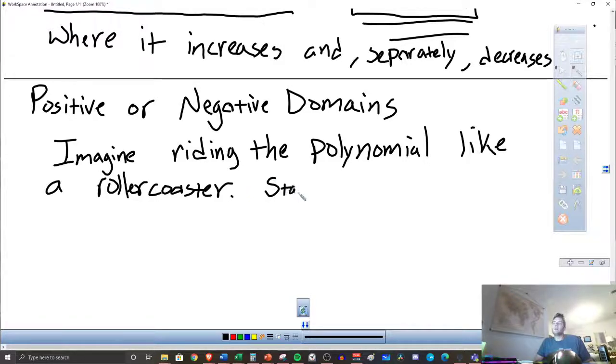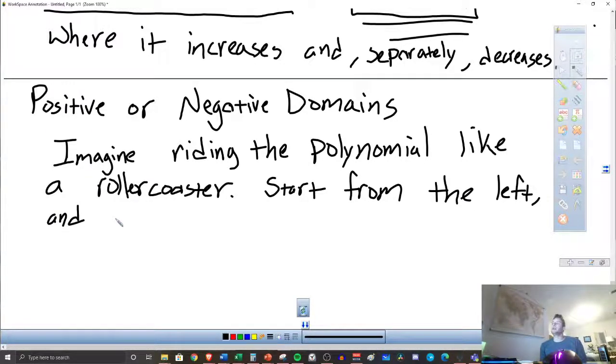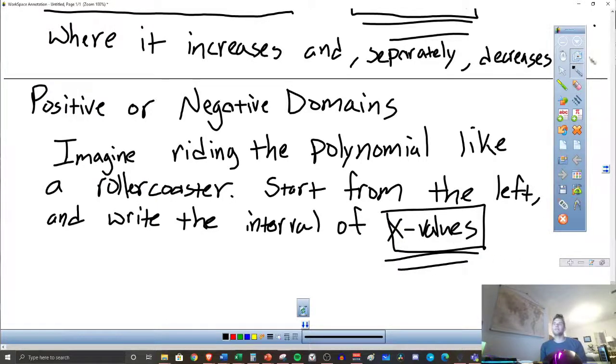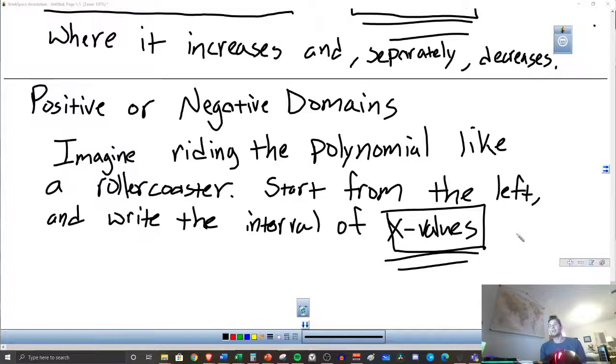So start from the left and write the interval of x values. Again, box that, underline it. It has to be x values. You don't want to consider the y values here.